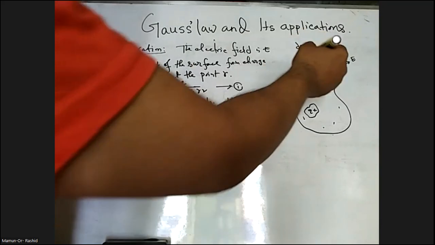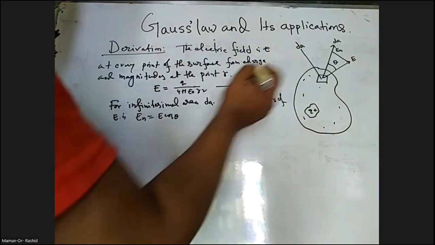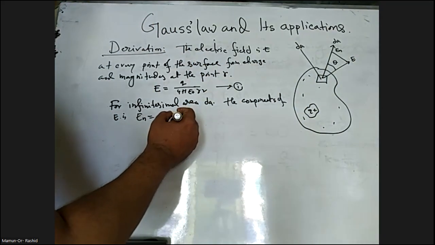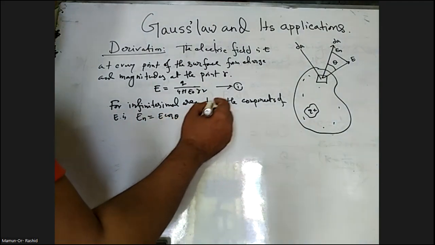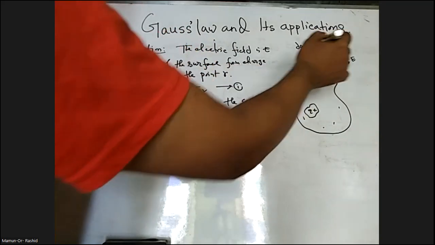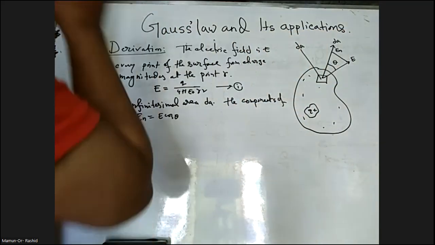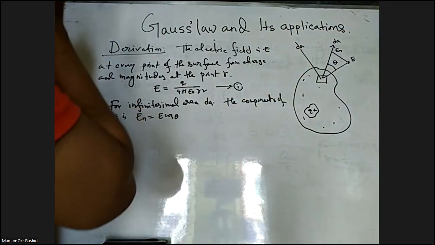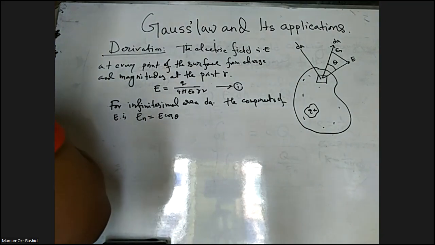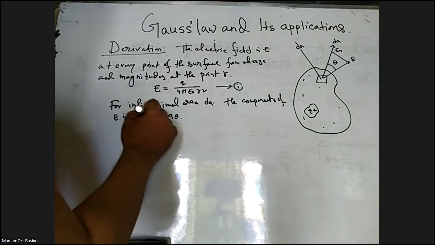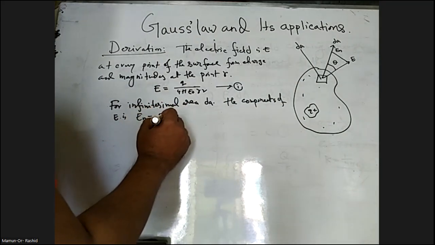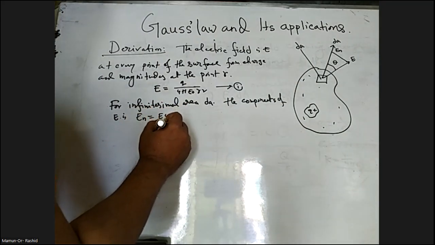But along the perpendicular, E sin theta will be balanced, and theta lies between the electric field E and the outward normal to the surface.